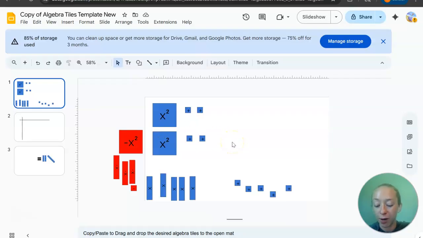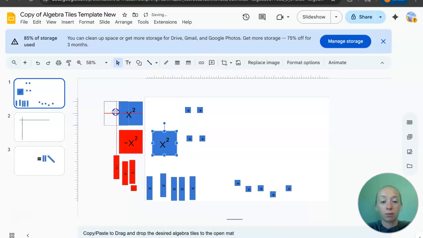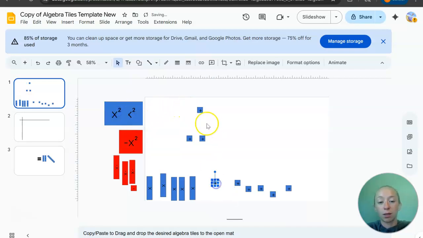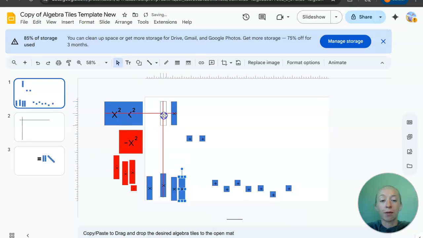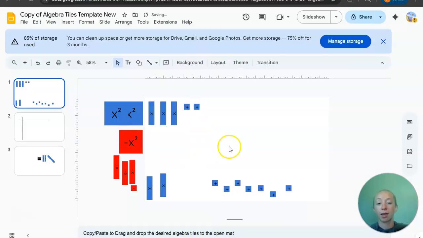Next one, we have two parentheses problems right next to each other. So we have, in parentheses, 3x plus 2. And I'm just going to lay that out right away. So we have 3x plus 2. Okay, that's what's in our first parentheses. And in our second parentheses, we have x plus 3.